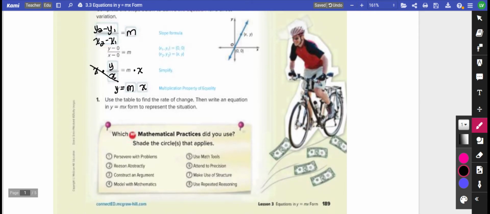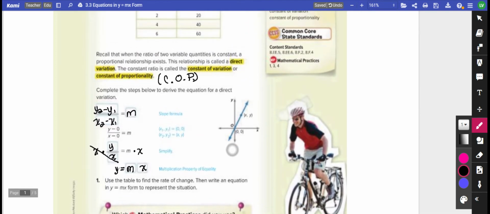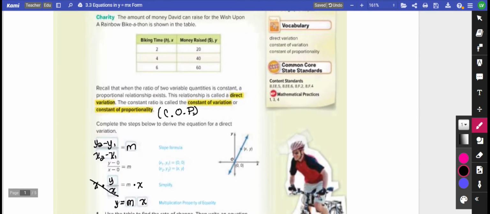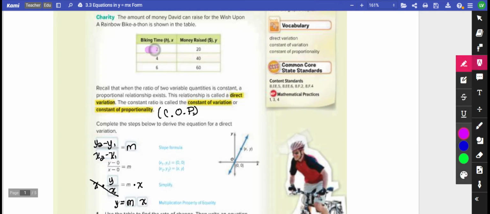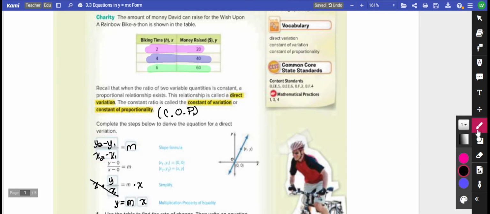Number 1, use the table to find the rate of change. Then write an equation in y equals mx form to represent the situation. The rate of change is just going to be the slope. So I could use the ordered pairs 2, 20, or 4, 40, or 6, 60. I'm going to choose 2, 20 and 4, 40.